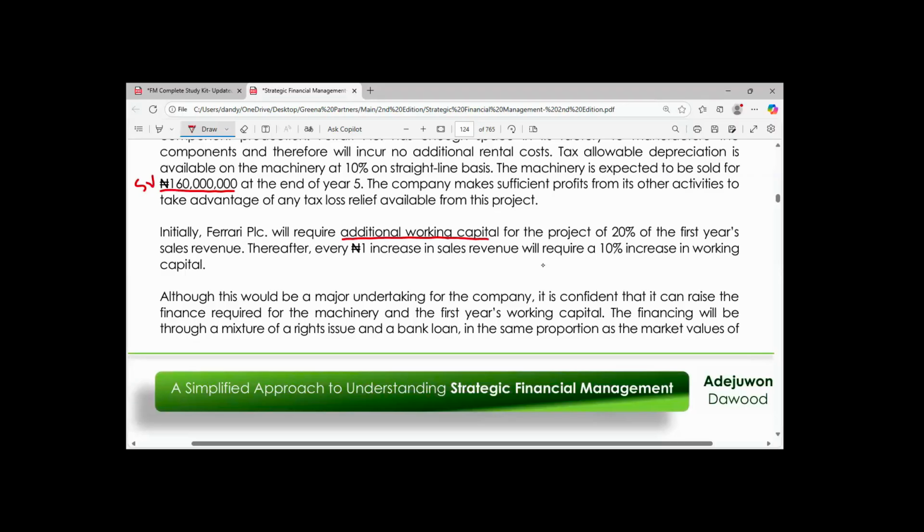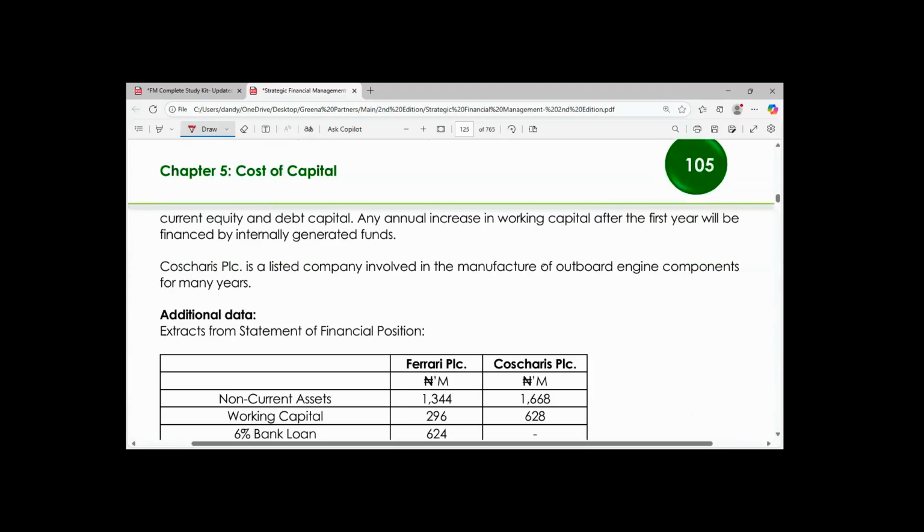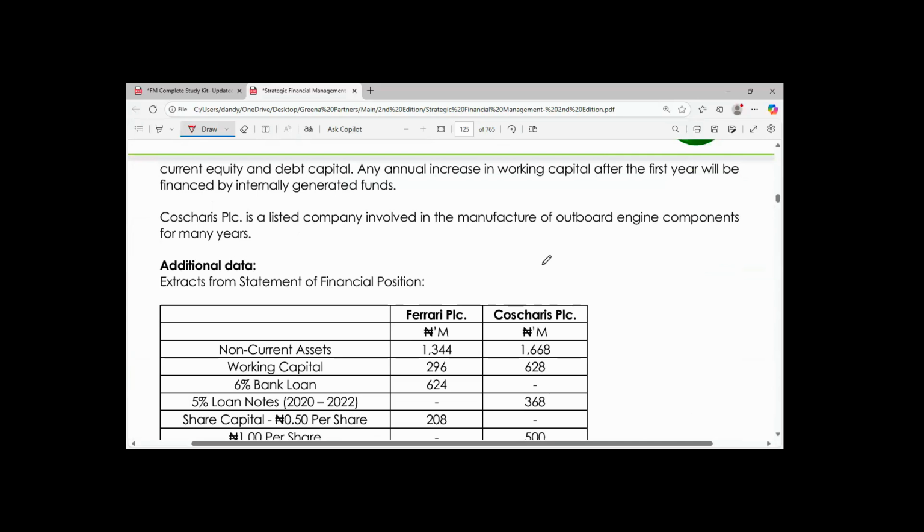The financing will be through a mixture of a rights issue and a bank loan in the same proportion as the market values of current equity and debt capital. Any annual increase in working capital after this first year will be financed by internally generated funds.